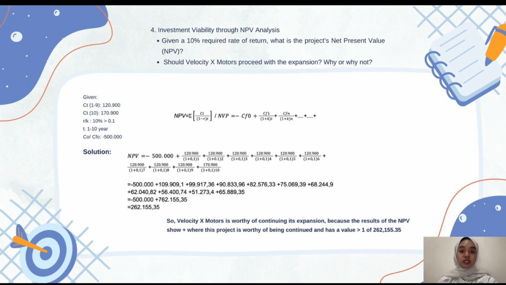Velocity X Motors is worthy of continuous expansion because the NPV result is positive, where this project is worthy of being continued and has a value more than one.